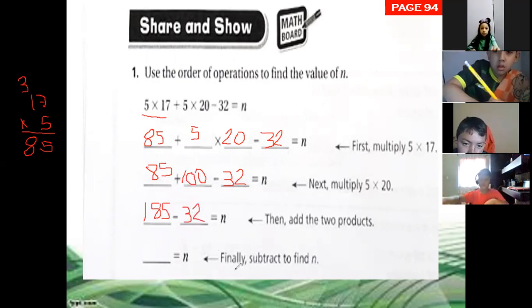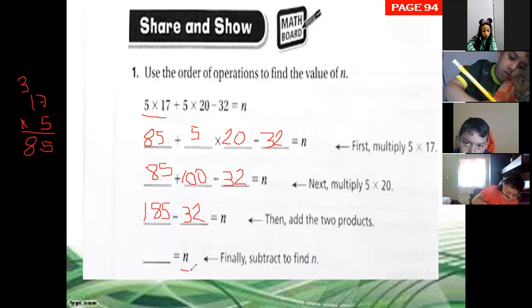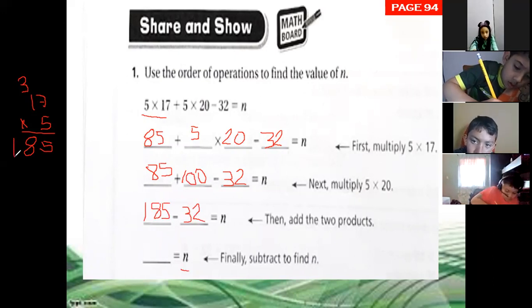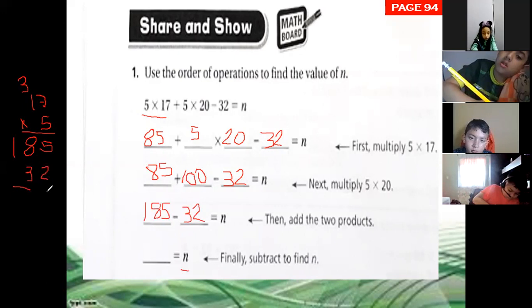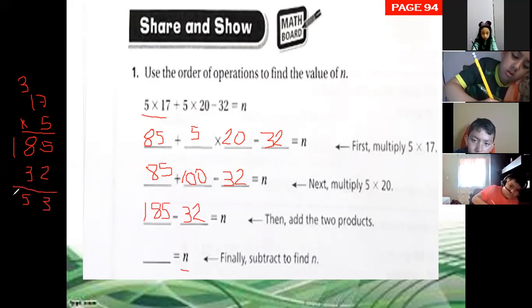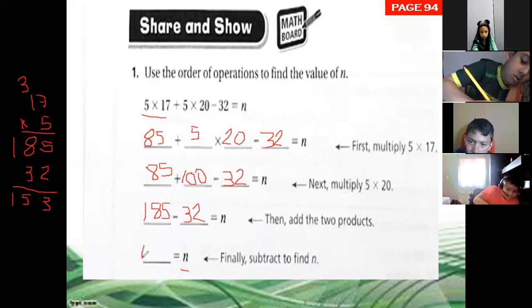Okay? Now, finally, we subtract to find the n, the variable, the unknown value. 185 minus 32, so it is 153.